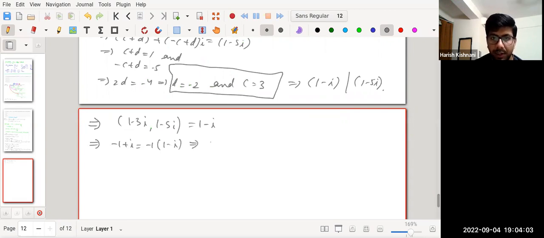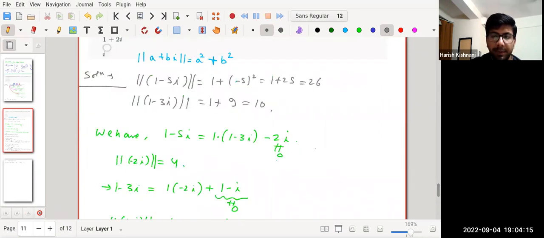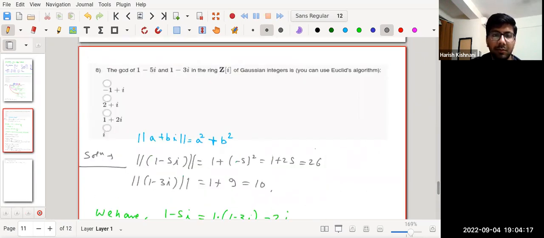So minus 1 plus i is also a GCD of 1 minus 3i and 1 minus 5i. So up to associates, the GCD may vary. So in Gaussian integers, the GCD of 1 minus 5i and 1 minus 3i is minus 1 plus i. All other options are not correct.